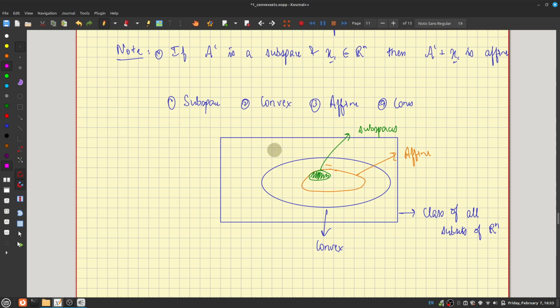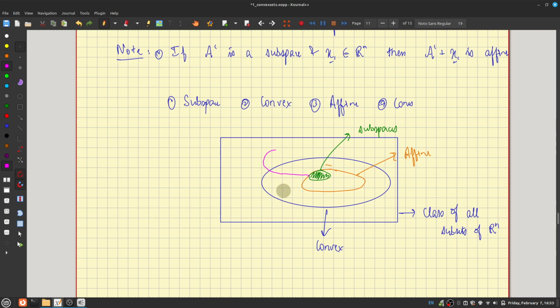So you have cones which are not convex. You have cones which could be convex but are not affine. But if you have a cone that is affine, then it must be a subspace. Right?